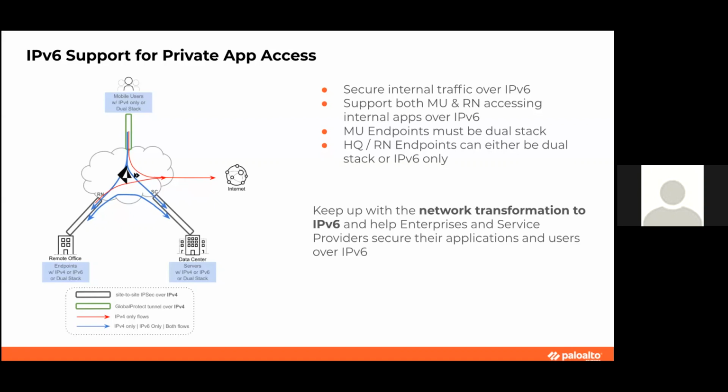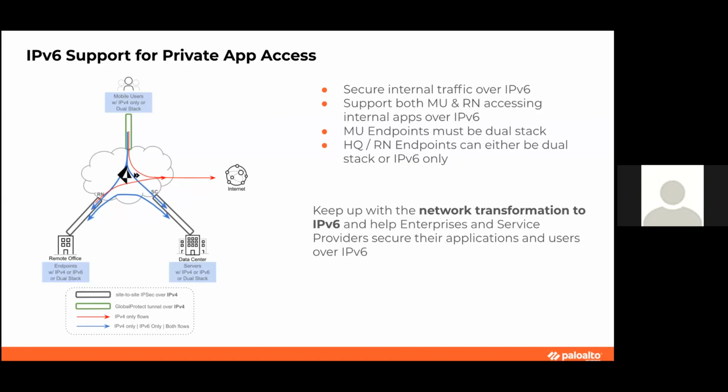Prisma Access will still use public IPv4 addresses for mobile users VPN tunnels, or GlobalProtect, and the service connection and remote network connection IPsec tunnels. It will provide network access security for IPv6 traffic for internal private applications that could be located at a data center or remote sites.